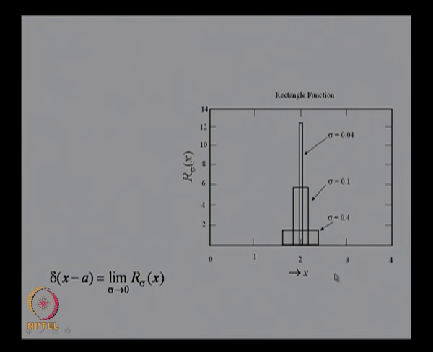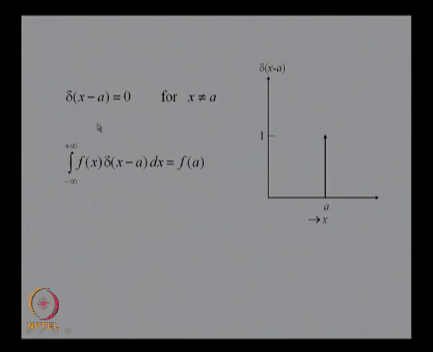And because of this property, if I integrate the delta function multiplied by an arbitrary but well-behaved function f of x, then it picks up its value only at the point x equal to a. And we define the Dirac delta function through these two equations.